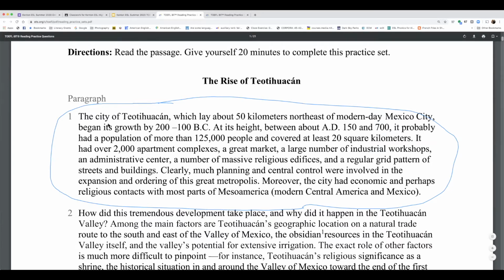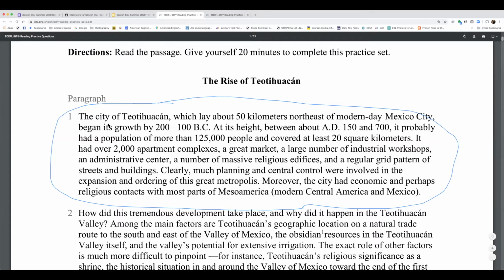The city of Teotihuacan, which lay about 50 kilometers northeast of modern-day Mexico City, began its growth by 200 to 100 BC. At its height, between about AD 150 and 700, it probably had a population of more than 125,000 people and covered at least 20 square kilometers.